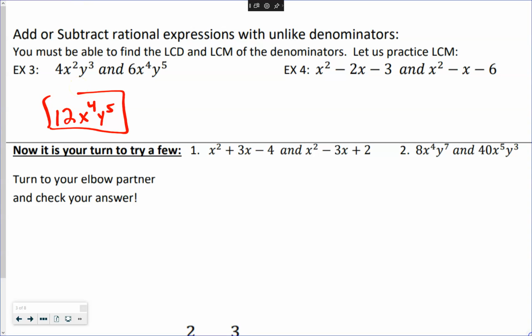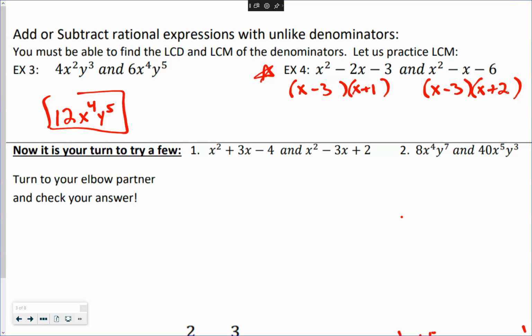What we're going to work with more are things like example 4. Here we have to factor. What multiplies to give me negative 3 but adds to give me negative 2 is negative 3 and positive 1. What multiplies to give me negative 6 but adds to give me negative 1 is negative 3 and positive 2.